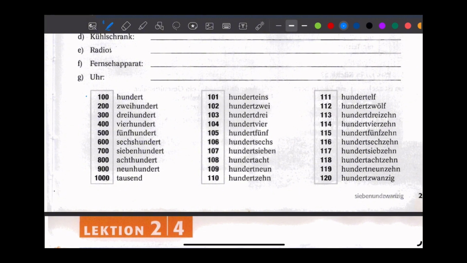So we say 100, 200, 300, 400, 500, 600. It's just the same as the numbers 1 to 10, but putting the 100: 600, 700, 800, 900, and then 1000. It can also be 100. Okay.